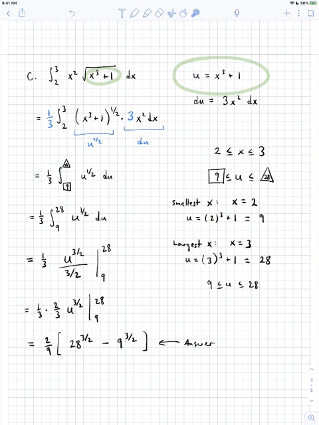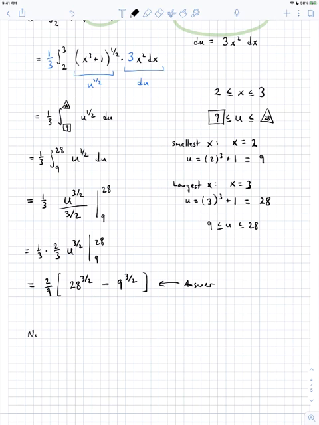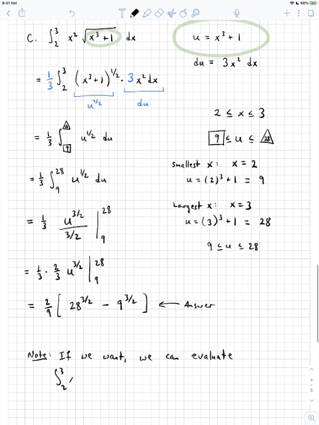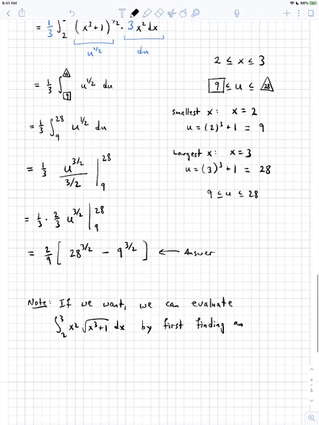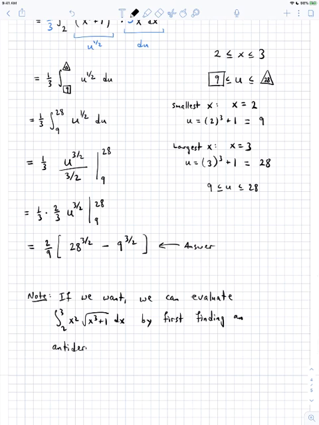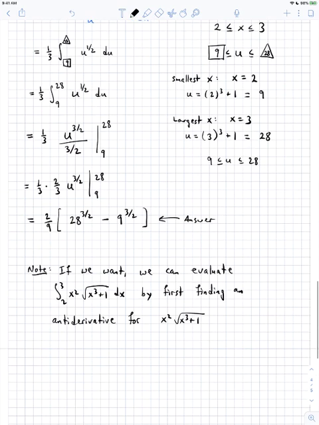The other thing that we could do, if we want, is evaluate the original definite integral, which is the integral from 2 to 3 of x squared times the square root of x cubed plus 1 dx, by first finding an antiderivative for x squared times the square root of x cubed plus 1, and then using the evaluation theorem.